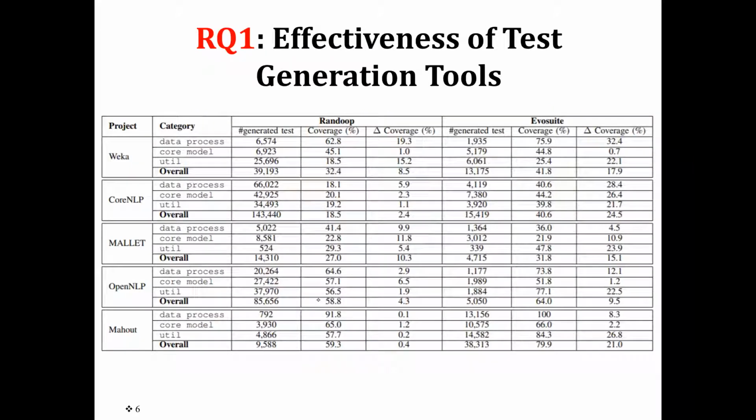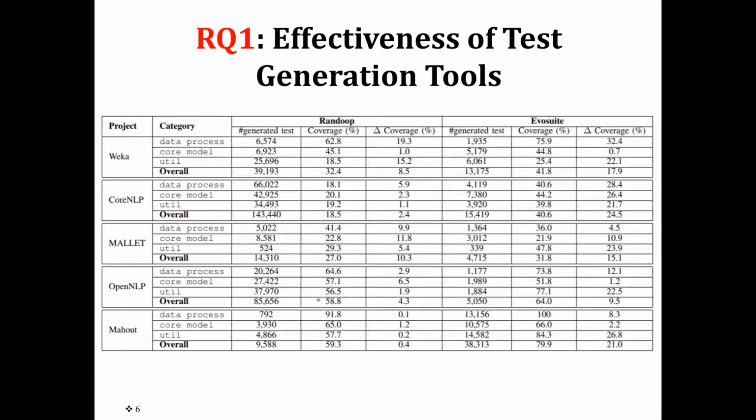To answer the first research question, we ran Randoop and EvoSuite to generate the test cases for each category on the five machine learning libraries. After we generated test cases, we further collected the coverage information and also the mutation score.